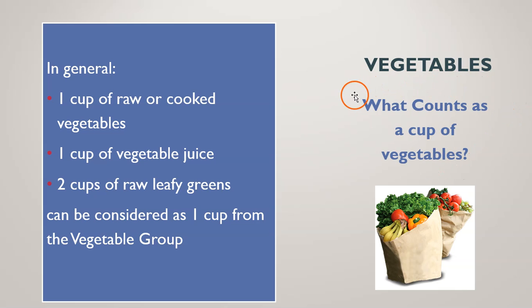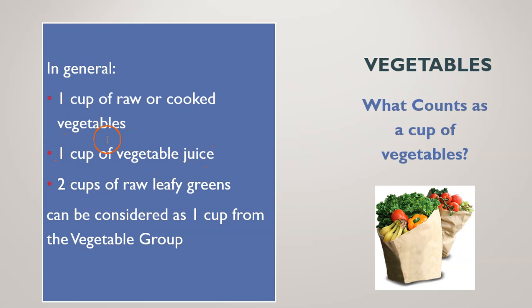Again, it can be a bit tricky with what counts as a cup, but in general, 1 cup of raw or cooked vegetables is going to count as a cup. 1 cup of vegetable juice is going to count as a cup of vegetables. I don't like this idea nearly as much.